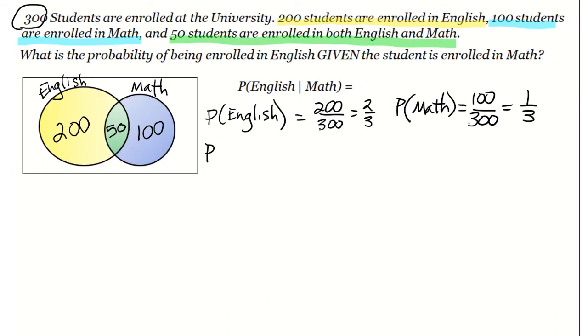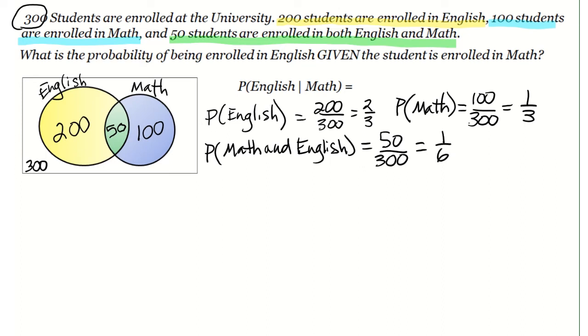And the probability of being enrolled in both math and English, we can see is this intersection, so we can take that 50 and divide it by the total number of students. So I should have the 300 down here to designate my 300 students. And that's going to simplify to 1/6.